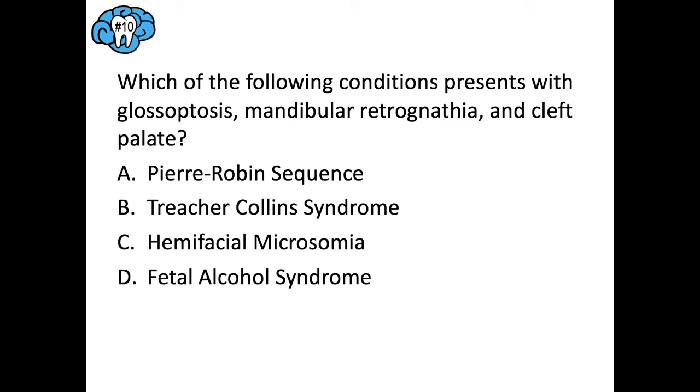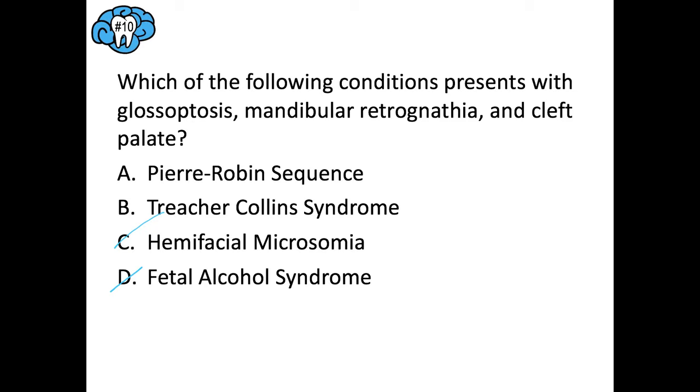That doesn't really have to do with what we're talking about here, so that one we can rule out. And then fetal alcohol syndrome is a syndrome with an underdeveloped midface, an increased chance of cleft lip, not palate, and central nervous system issues. So fetal alcohol syndrome doesn't match up with what our question's describing. So Treacher-Collins, we had 2 out of the 3, not bad.